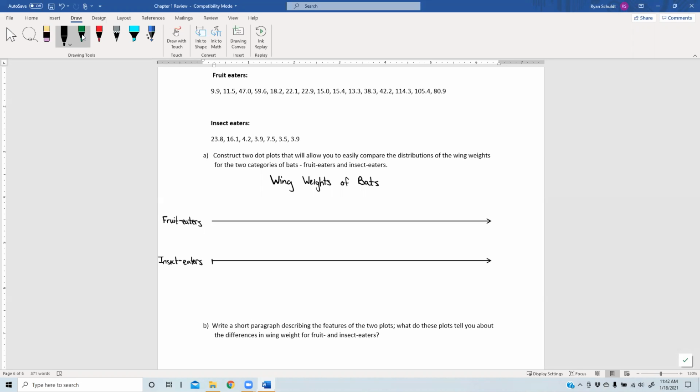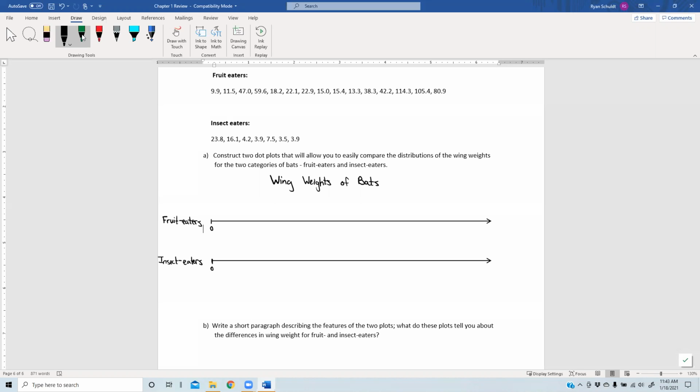Now in each case, we're going to start at 0. And then if we look under the fruit eaters, how high does it go? 114 looks to be the highest.